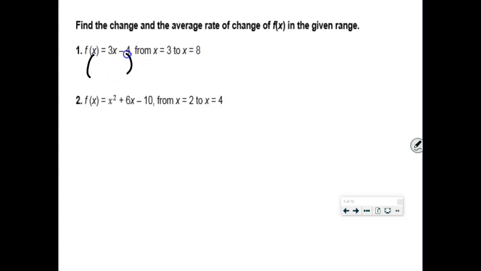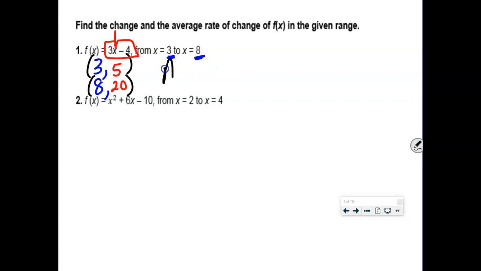Write out your two ordered pairs using the two x values they are asking about. To find their corresponding y values, you just plug it into the function. So 3 times 3 minus 4 is 5. And then 3 times 8 minus 4 is 24 minus 4, which is 20.